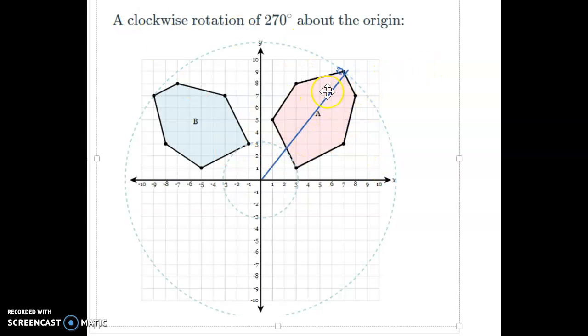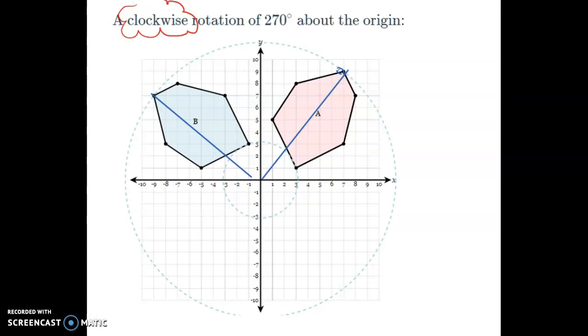Okay, and then I'm going to take from the origin to the tip of figure B. And at first glance, I think that is a 90-degree angle. But I noticed that they said that it was a clockwise rotation.